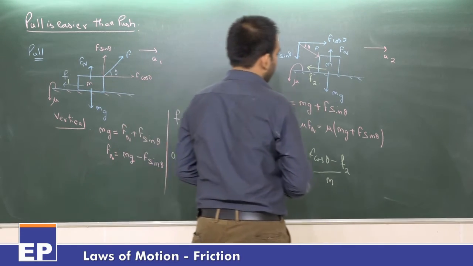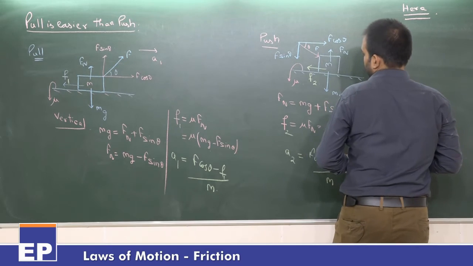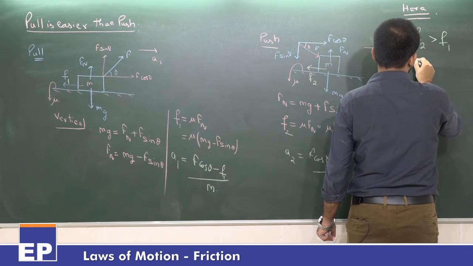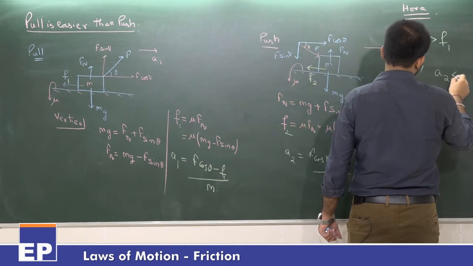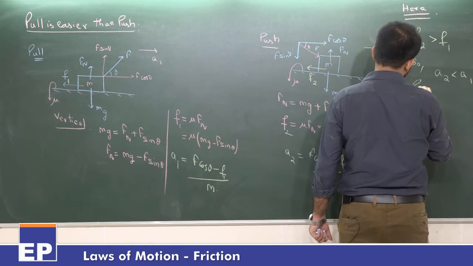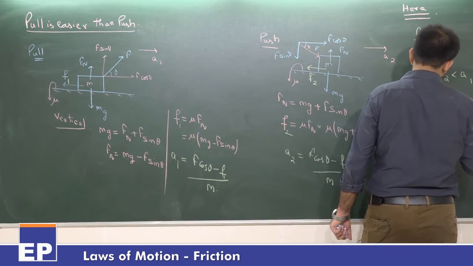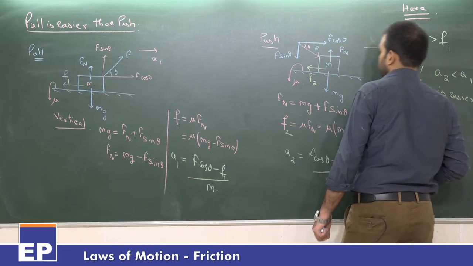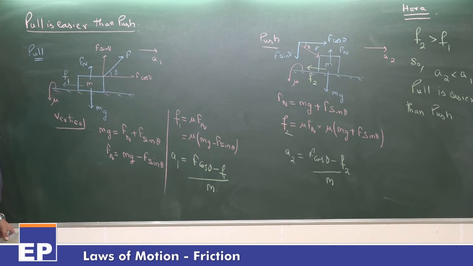We can easily judge that f2 is greater than f1. So if f2 is greater than f1, then a2 is less than a1. Pull is easier than push. Right? So we can say this thing directly. Clear? Next.